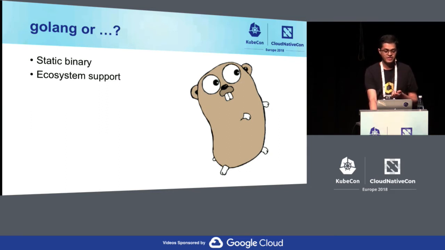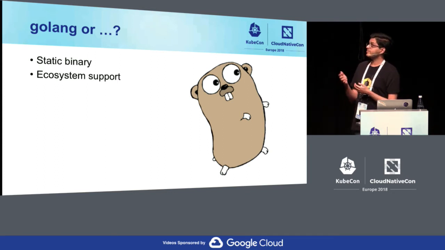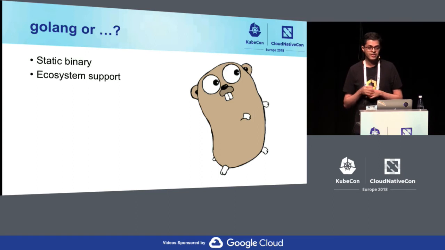The next aspect was which programming language to use, Golang or something else. We chose Golang because of its support for static binaries. Installing static binaries is much simpler to installing third-party packages on which your binary depends on, and so on. And you can also package this into a container.